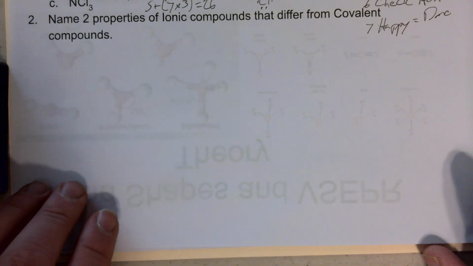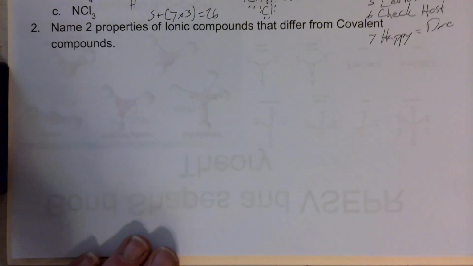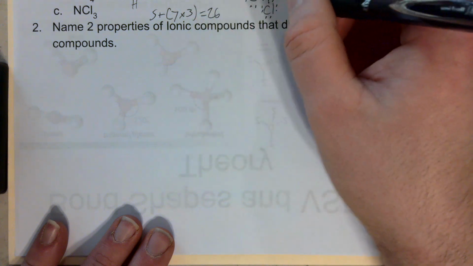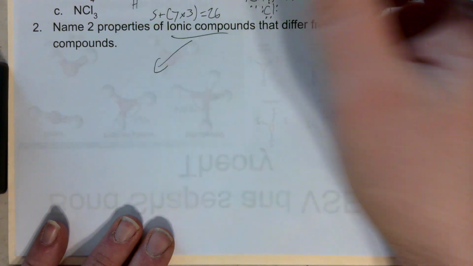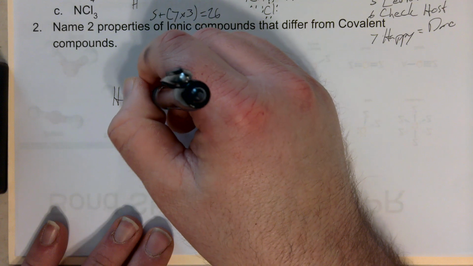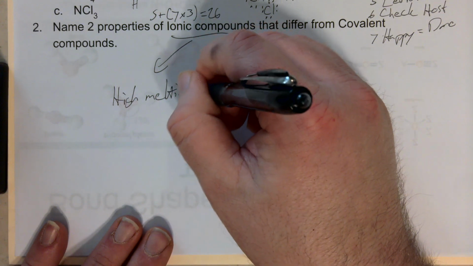Now for our properties for ionic compounds and how they differ from covalent compounds. We should have remembered from the lab that we did that our ionic compounds had the high boiling points and melting points. They're the ones that did not change when you heated them.